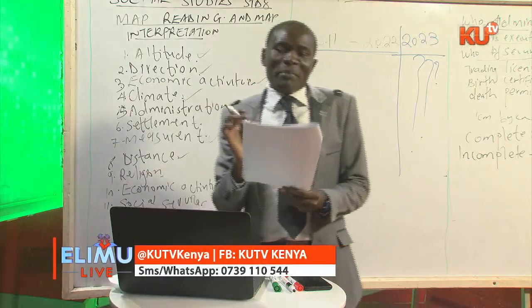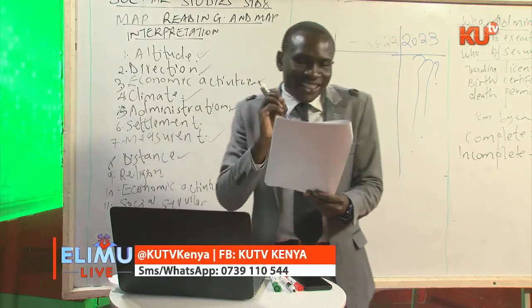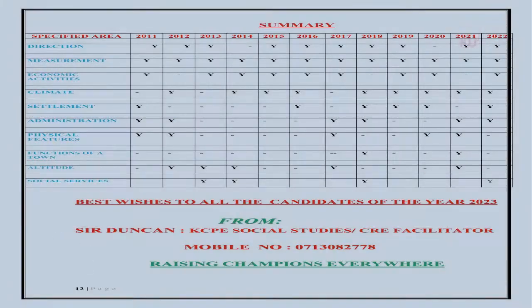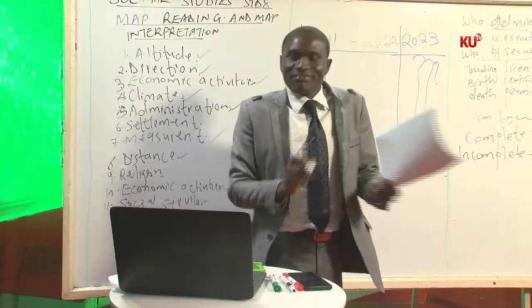Number 2 is measurement. I want you to look from 2011. It is very amazing. From 2011, a question on measurement has been coming. That is amazing. It is the only area that has amazed me and made me happy, that from 2011 to 2022, a question on measurement has been coming.